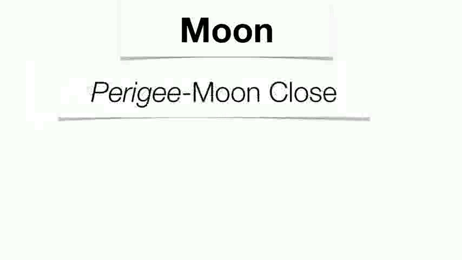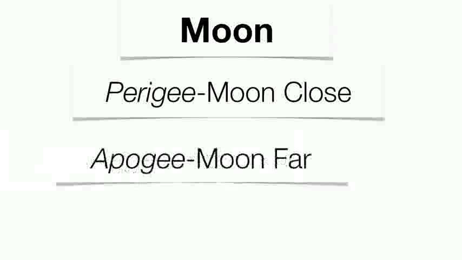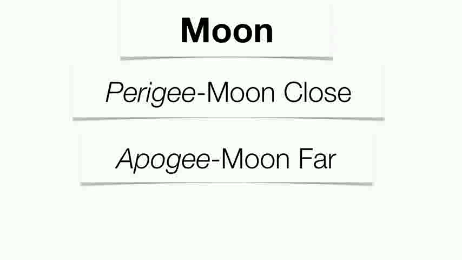Now, just like the sun, sometimes the sun's close to us, sometimes the sun's far away from us. When the moon is close, we call it perigee. When the moon is far, we call it apogee. Just like with the sun, it's perihelion and aphelion, the moon exhibits the same change in distance as well.